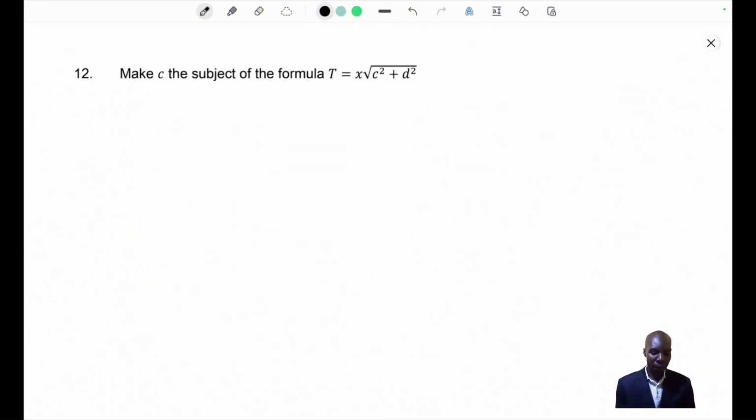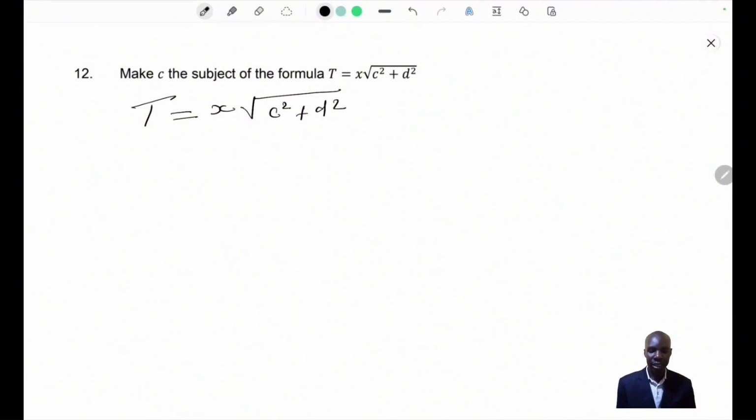Number 12. Number 12 is saying make c the subject of the formula t equals x root of c squared plus d squared. So the formula that we are given is t equals x root of c squared plus d squared.